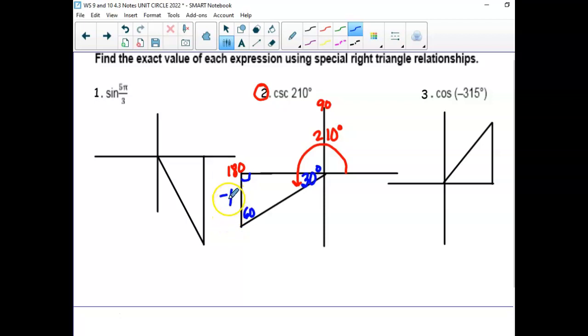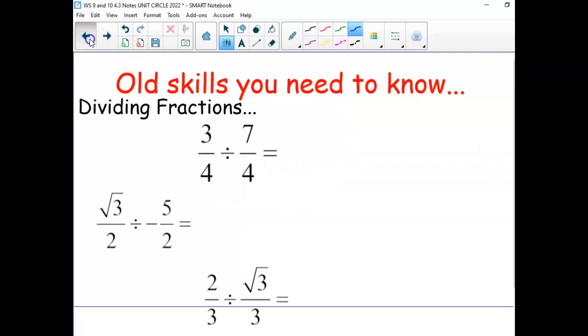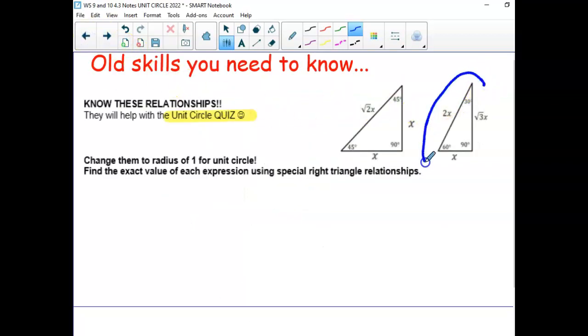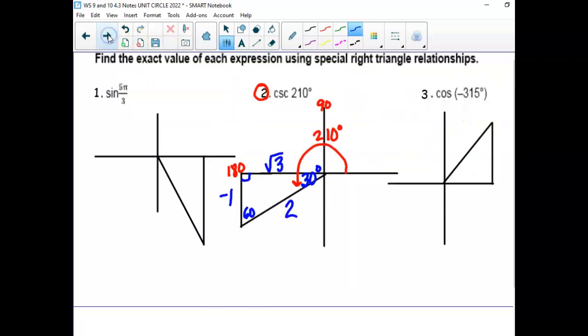If the short leg was 1x, what would the hypotenuse be? 2x. And the long leg would be x square root of 3. Yes, it is going to be negative. Very good. Remember, across from the short leg is x, the long leg is x square root of 3, and the hypotenuse is 2x. I just put a 1 for 1x, 2x for the hypotenuse, and square root of 3 for the long leg.